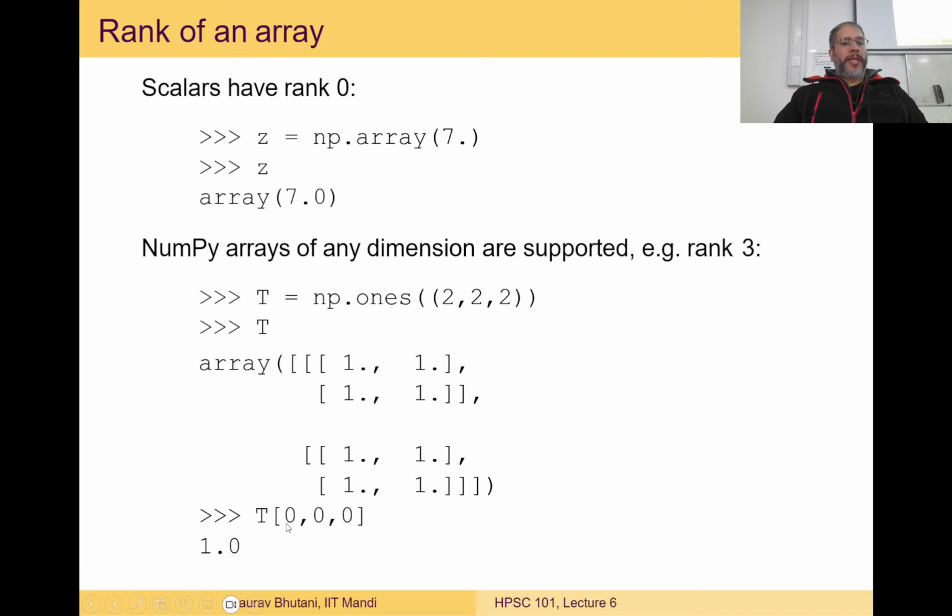If I say t of 0, that will be the first object, so that will be this list of 1, 1, 1, 1. If I say t of 0, 0, that will be the first item in the first item of that t list, so that will be 1, 1. Then if I say t 0, 0, 0, that will be this item.